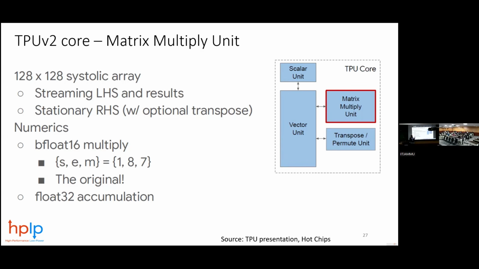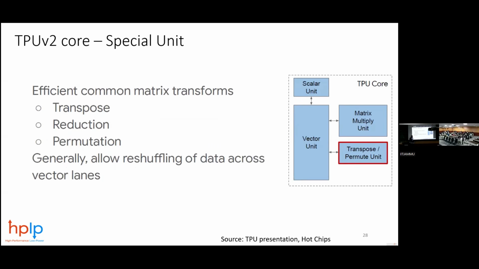I think they made the mantissa smaller, and if I'm not wrong, I hope I'm not wrong. So they made the mantissa slightly smaller and the exponent slightly larger, and they called it B-float 16. This is the sign bit, exponent, and mantissa, and I don't know what it is for the standard floating point.